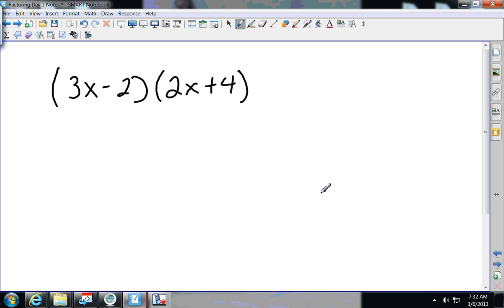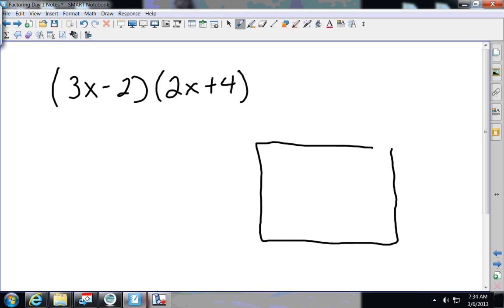There are your factors. Find the product. All right, this one, again, it's a 2 by 2, remember? So I'm going to make two rows and 2 columns.